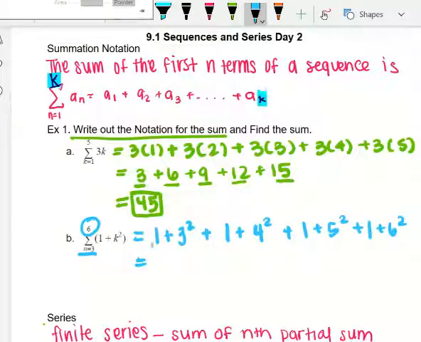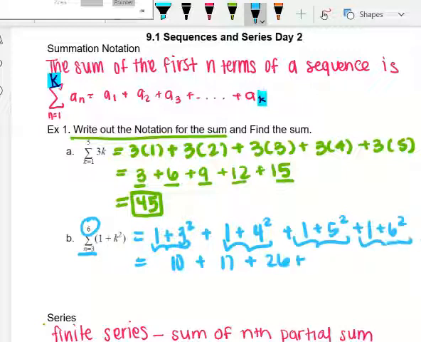Okay, then you're going to go ahead and add these up. So that gives you 10 plus 17 plus 26 plus 37. Okay, then adding those up, you're going to get 90.